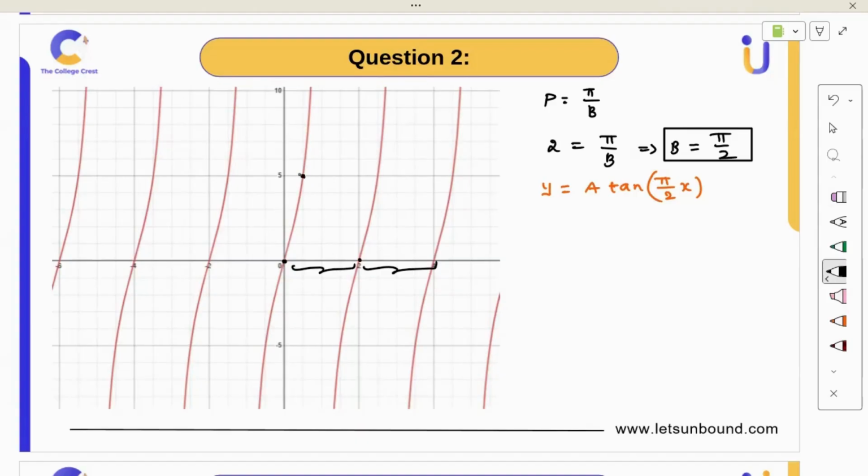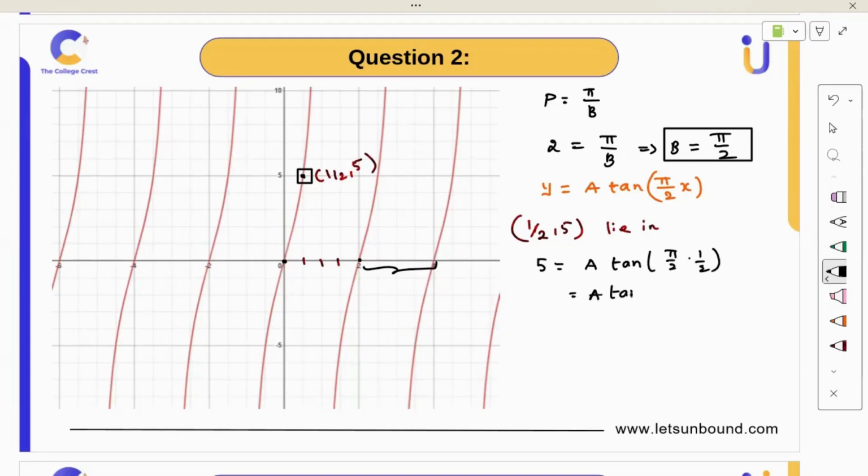Let me use this one, which is (1, 5). No, not (1, 5). One gap is 2, so that 2 is divided into halves. So this is (1/2, 5). I'm plugging that in. So (1/2, 5) lies on your function, which means 5 equals a tan of 5 by 2 times 1 by 2, so a tan of 5 by 4.